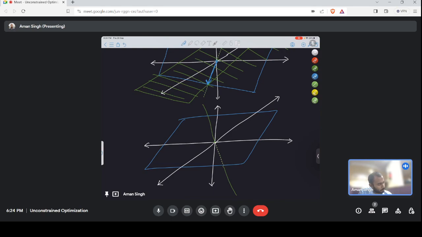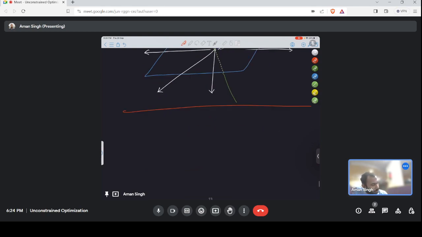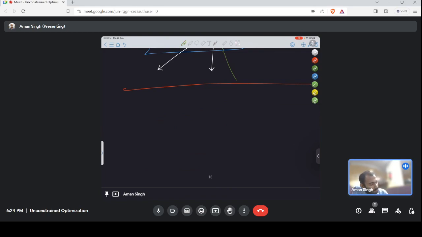The line which is perpendicular to the plane is the orthogonal subspace. So think about this. We'll move to the next definition, which is called the orthogonal complement, which is very closely related to orthogonal subspaces.